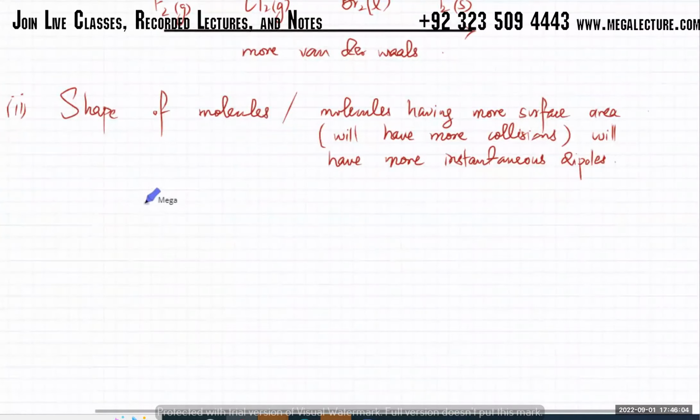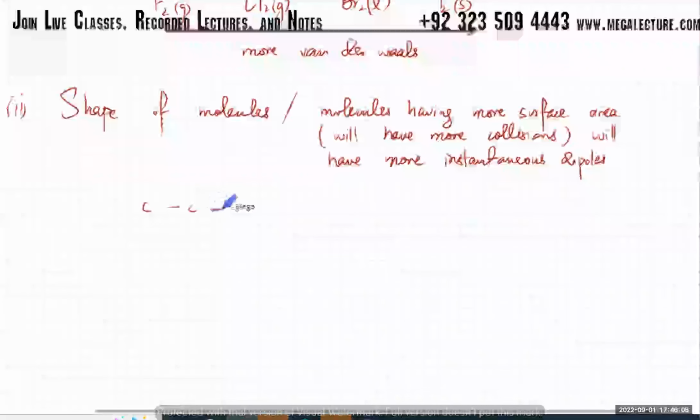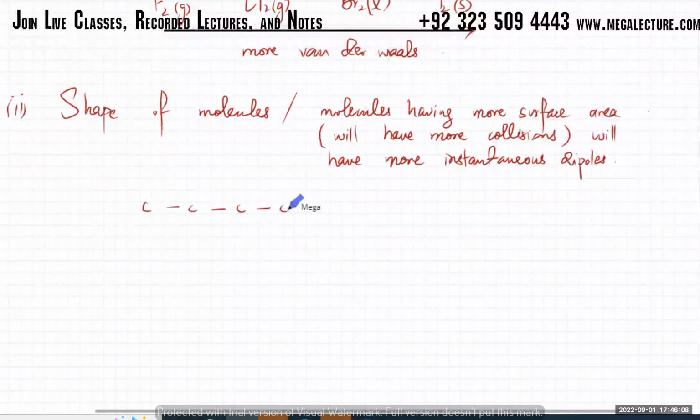So if I have a molecule where, let's say, there are 5 carbon atoms, and it's a long chain. तो ये CH3 है, ये CH2 है, CH2 है. So you've got another CH2, and then you have a CH3. So if you have a long chain, that's got a lot more surface compared to the same molecule with the same size.